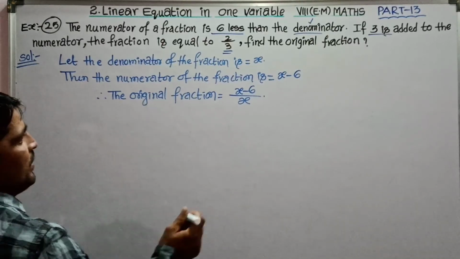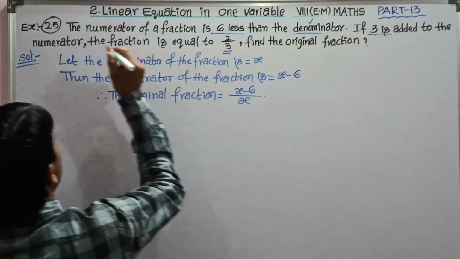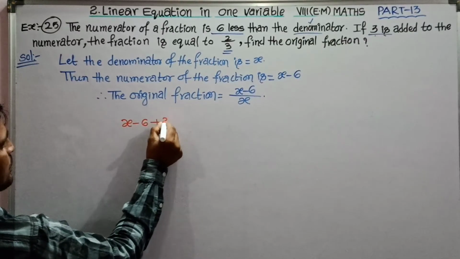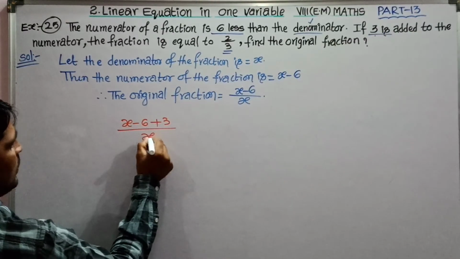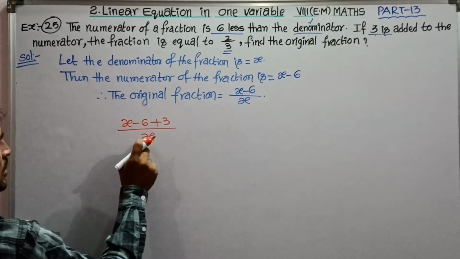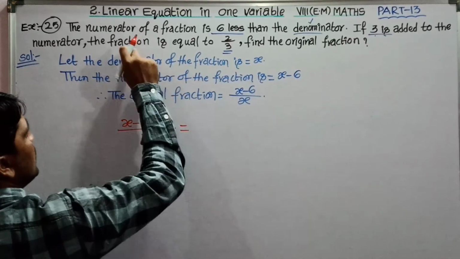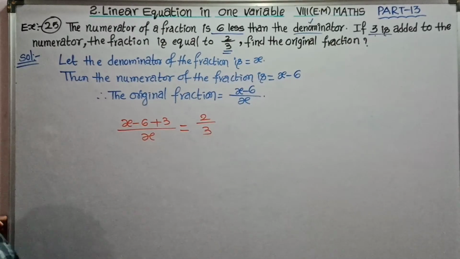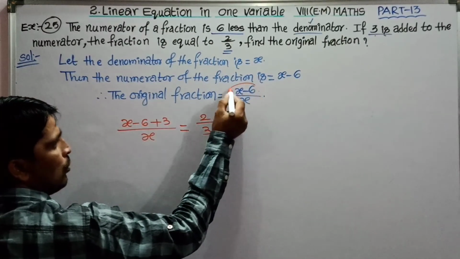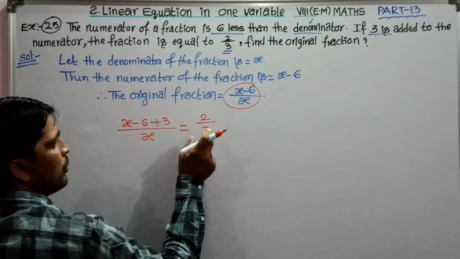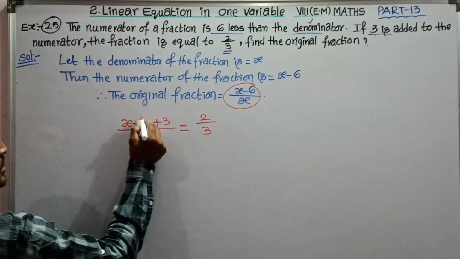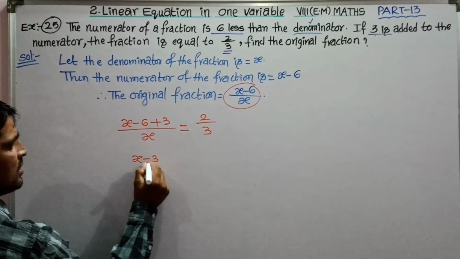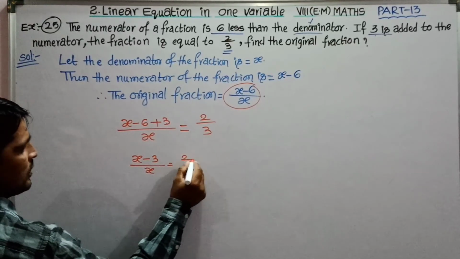But in the question it is given that if 3 is added to the numerator x minus 6, then the fraction becomes x minus 6 plus 3 by x, which is equal to 2 by 3. Simplifying the numerator, minus 6 plus 3, that is x minus 3 by x equal to 2 by 3.